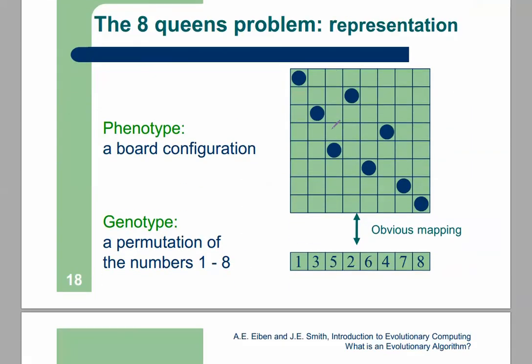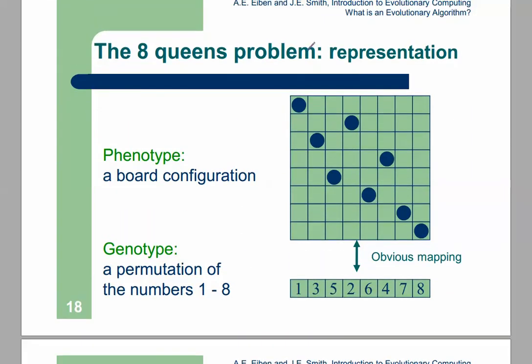For example, at the beginning you must set a representation. You can set a binary representation. It is an 8 by 8 array of 0 and 1, 1 for a queen and 0 for an empty location.